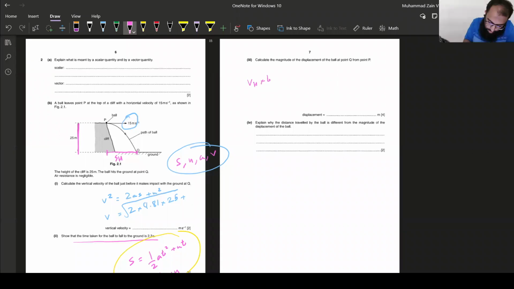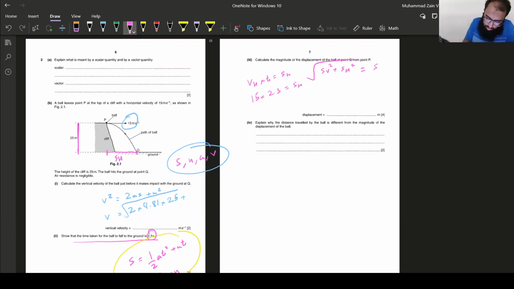So horizontal velocity is 15 and the time I just found to be 2.3 seconds. It equals SH. So I can find SH. Then SV square plus SH square, I under root this all and I'll get my displacement S. So that's how we'll do this question.